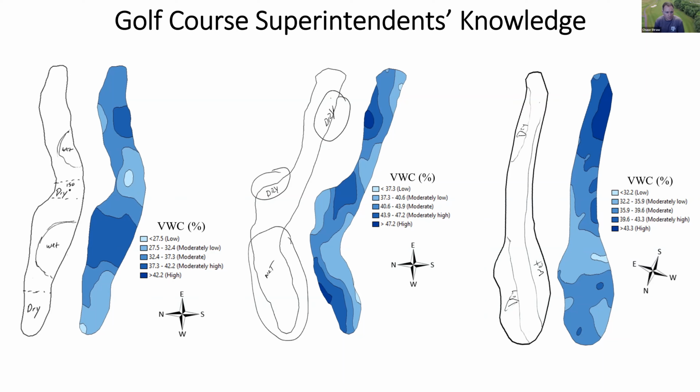But the big thing, just visually looking at these maps, is yes, they were able to identify some dry and wet areas, but typically they were overestimated or underestimated from a size standpoint. And then they also just didn't account for other areas. So they might have accounted for one dry area, but they didn't account for another really dry area. So that was kind of the take-home message from it.